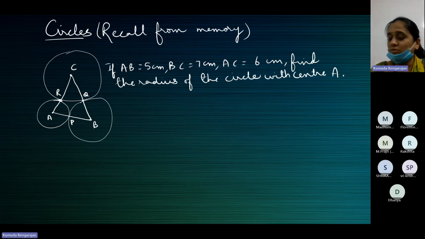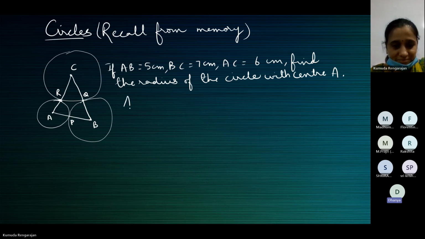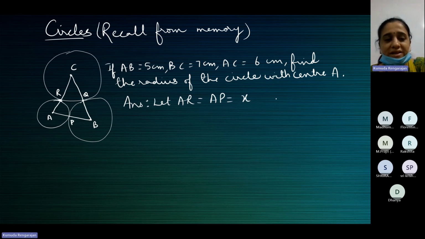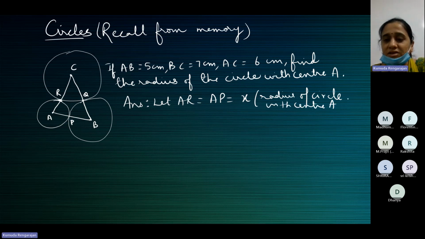Okay, no response. So let me do it. You can see AR is equal to AP. Radii are always equal in a circle. Let AR equal to AP be equal to say X, because they are radii of the circle with center A. That's a reason.